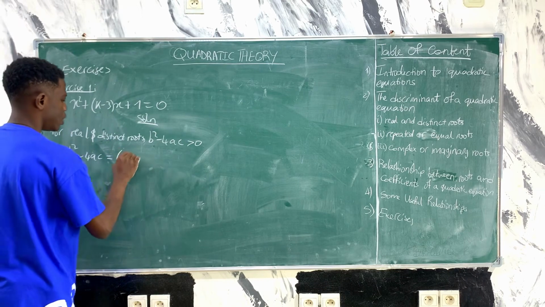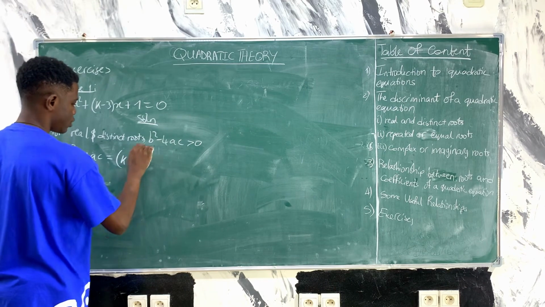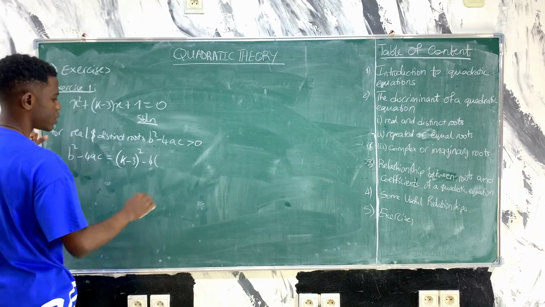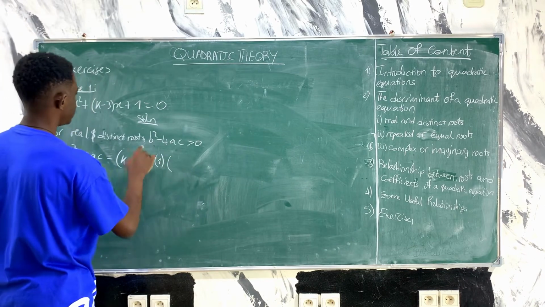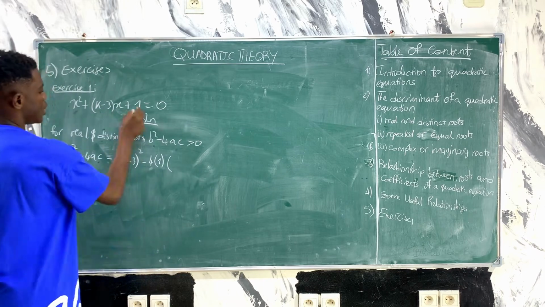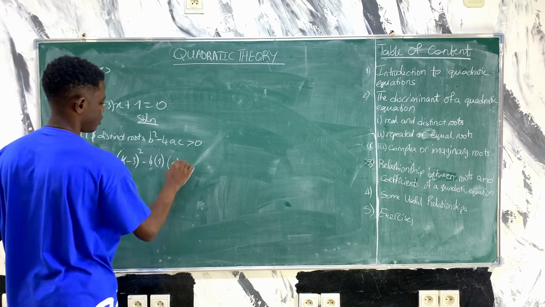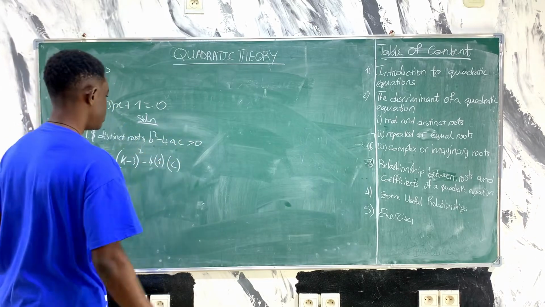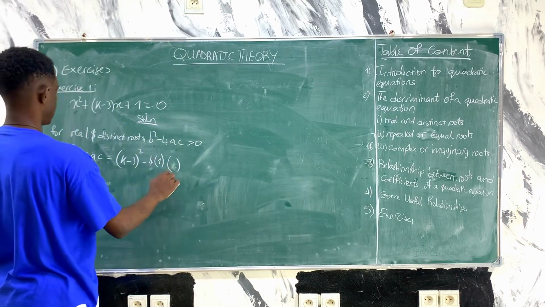We will have b squared, (k minus 3) squared, minus 4 times a, the coefficient of x squared, which is 1. c is the last value, the y-intercept when you are plotting a curve, that is 1.